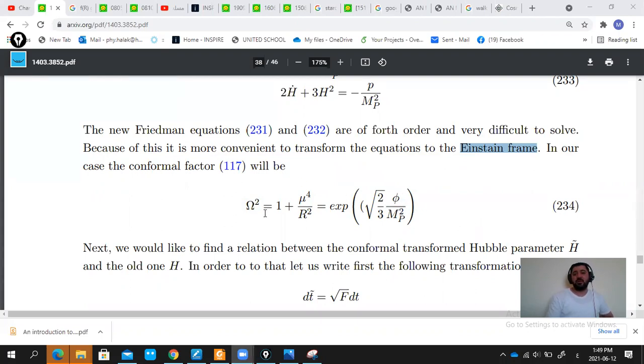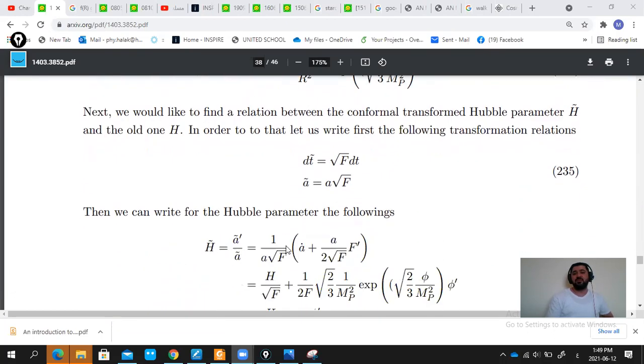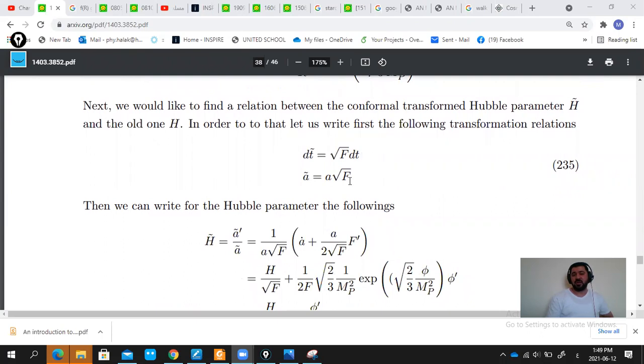But now we have omega squared in terms of phi, and we have the conformal transformation for the time and for the scale factor. So the time in the Einstein frame will take this form, and the scale factor will take this form. This happens because of the idea that ds in the Einstein frame should be equal to ds in the Jordan frame.